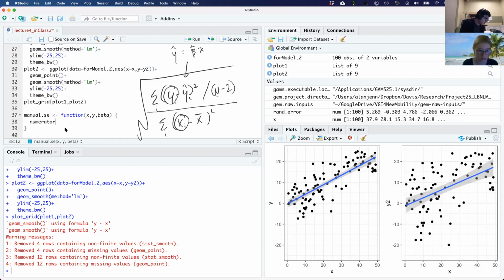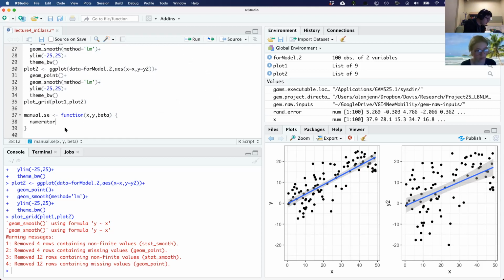So your predicted value of y is equal to beta x plus beta naught, which in this case is just 0 because there's no intercept. And so that's why we have these as the inputs.